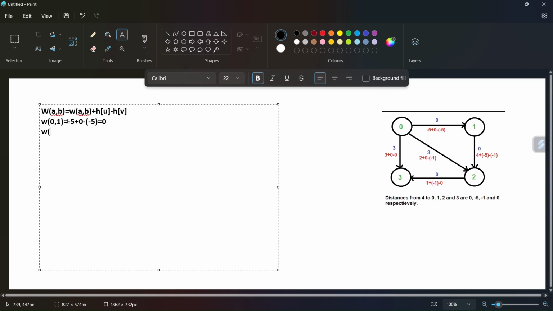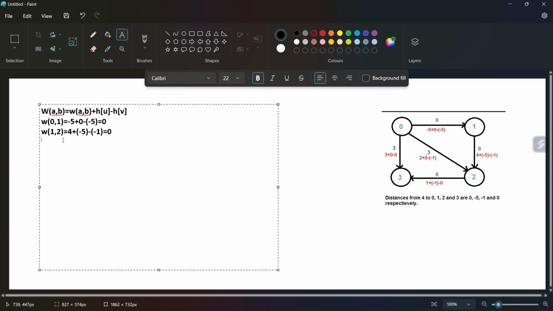Now the weight of 1, 2 will be equal to the old weight of edge 1, 2, which is 4, plus the potential value of node 1, which is -5, minus the potential value of 2, which is -1, which results in 0.